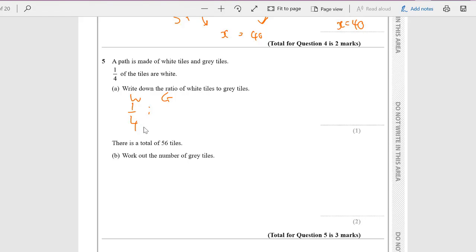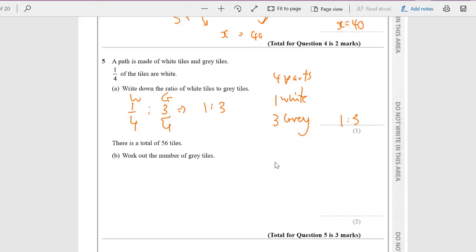So essentially what we know here is that a quarter, so 1 for every 4 is white. So that means there are 4 parts. 1 is white. Well, then that's going to mean that 3 out of 4 are going to be grey. So that means 3 are grey. So we have the ratio 1 to 3.